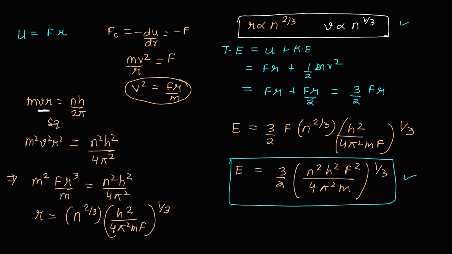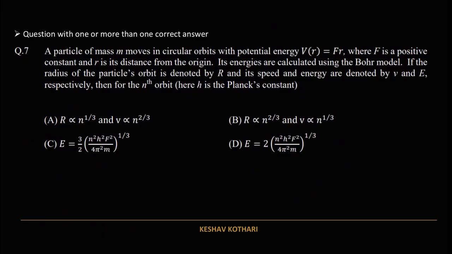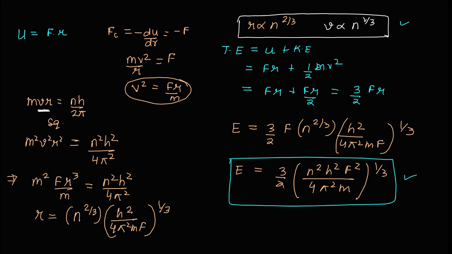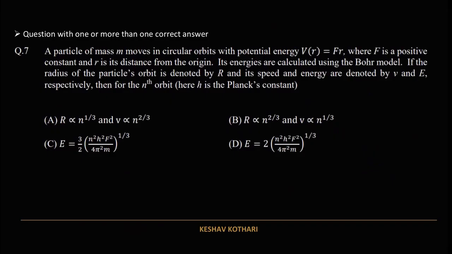If we come to the previous page, we are seeing that it is matching with R proportional to n to the power 2 by 3, V proportional to n to the power 1 by 3, and the expression for energy is 3 by 2 times of this expression. So for this question we say B and C are correct alternatives.